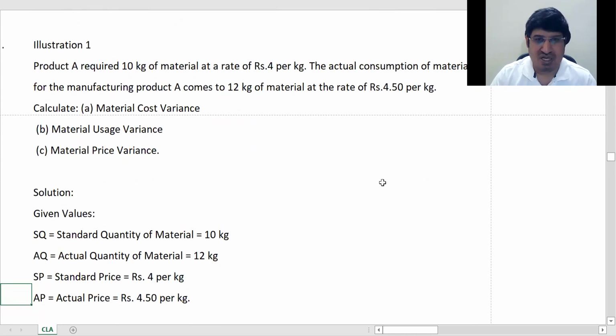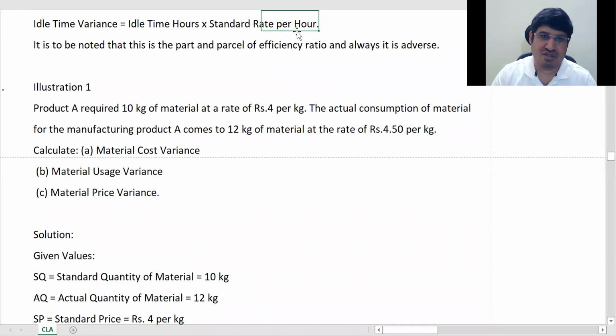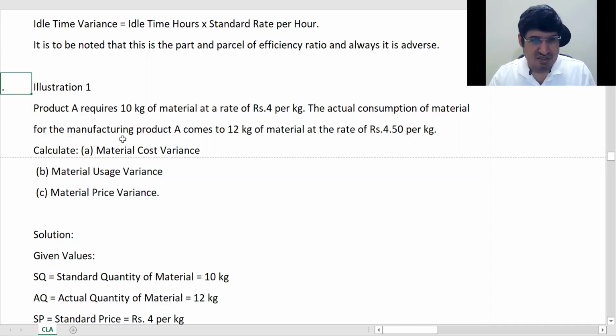Now we'll see one illustration. Product A requires 10 kg of material at the rate of 4. That means it is standard.